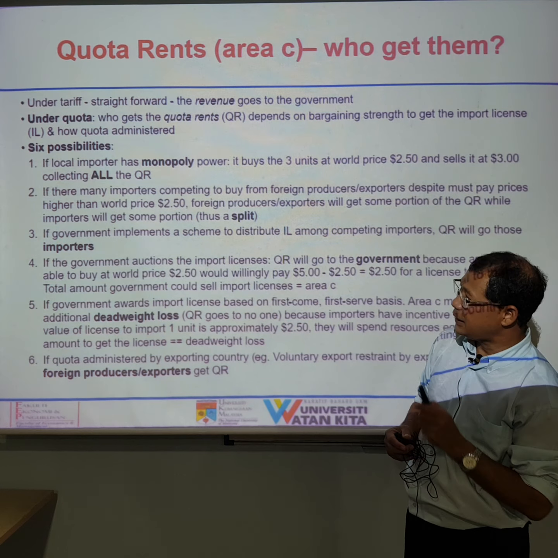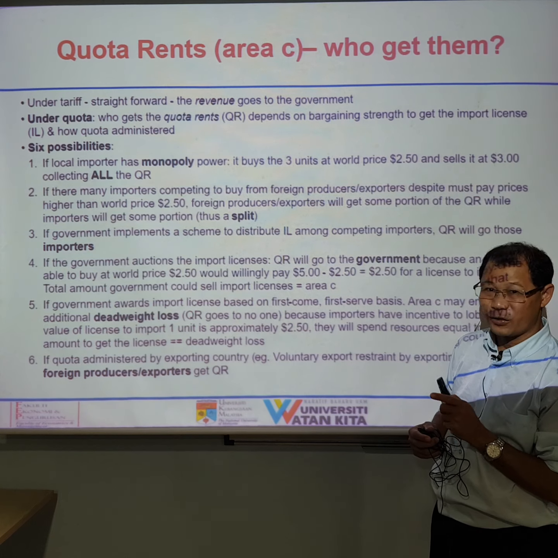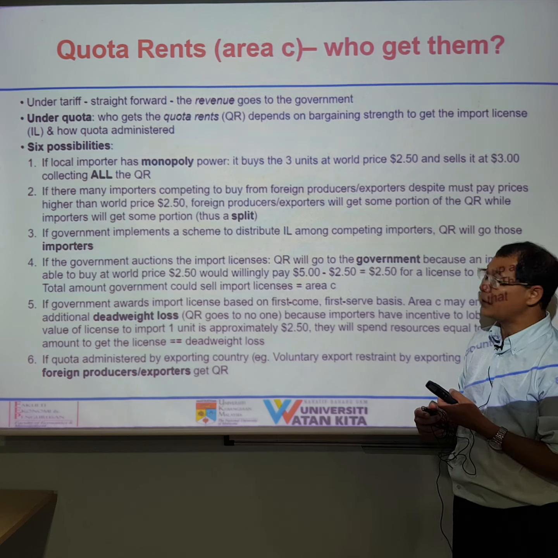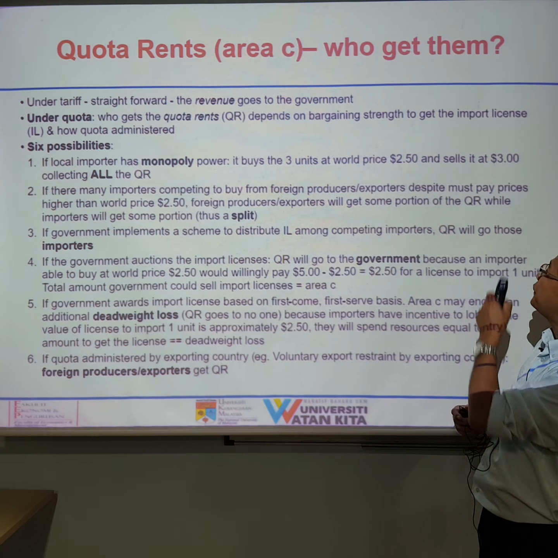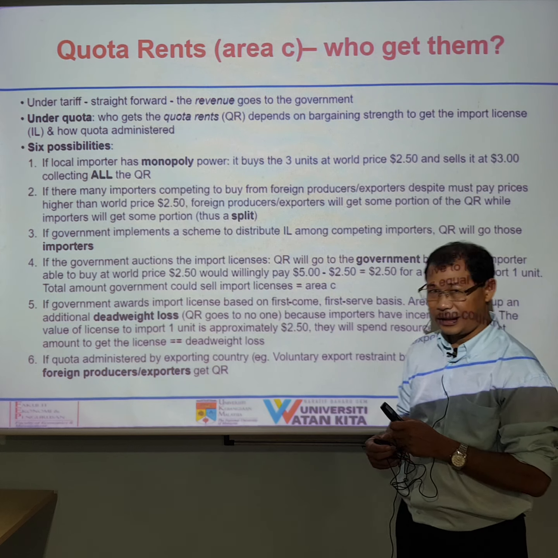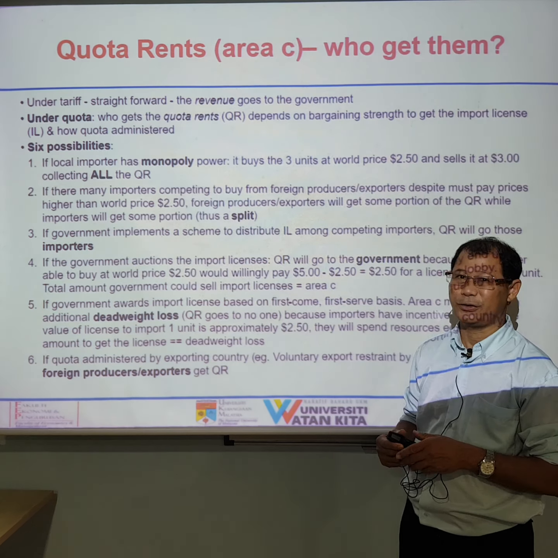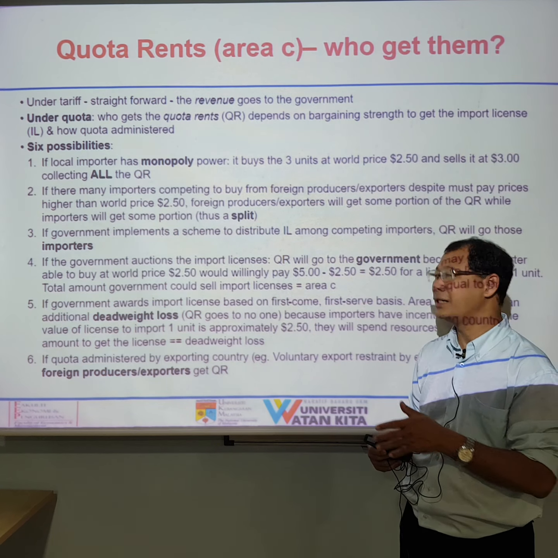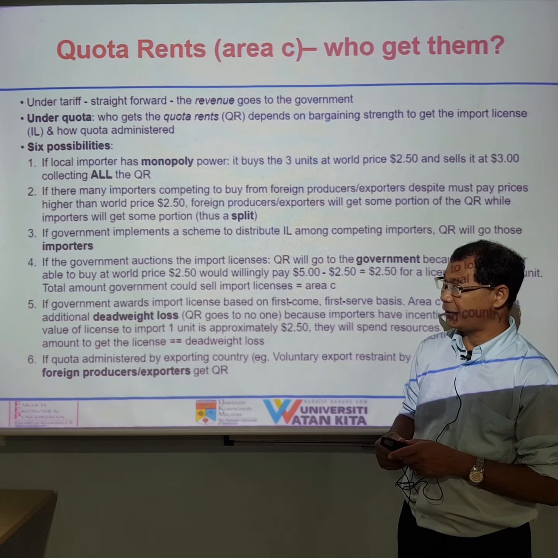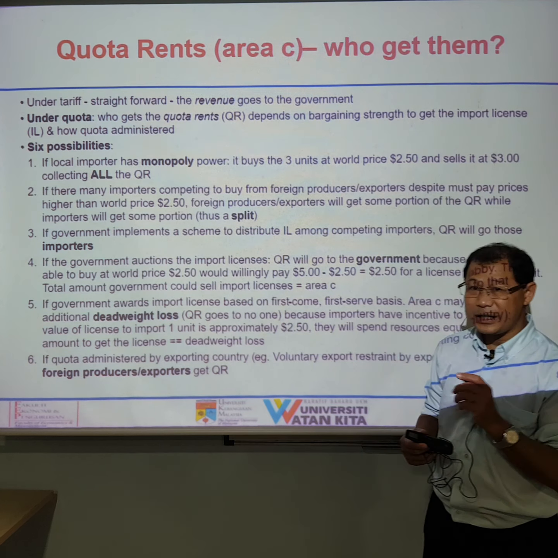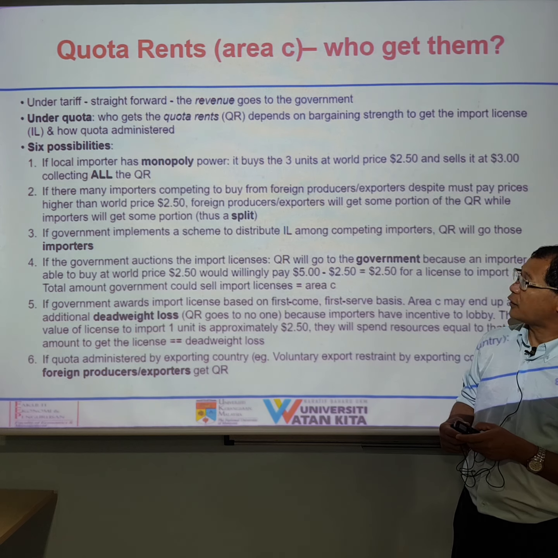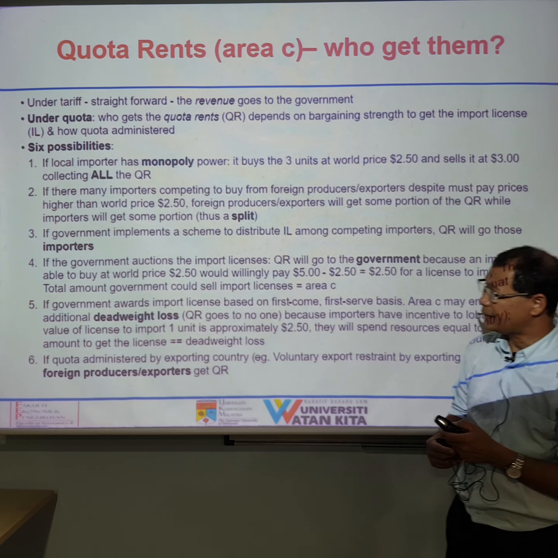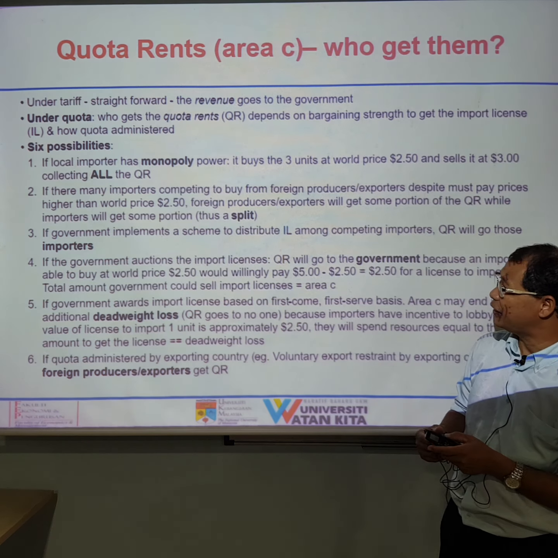First possibility, if a local importer has monopoly power, it buys the 3 units at the world price of $2.50 and sells them at $3, collecting all the quota rent. So the monopoly importer in that country will get all the quota rent. Second possibility, if there are many importers competing to buy from foreign producers or exporters, they must pay prices higher than the world price of $2.50.